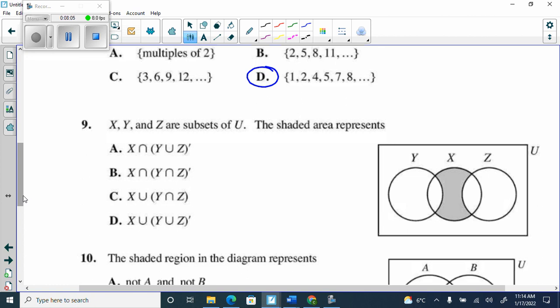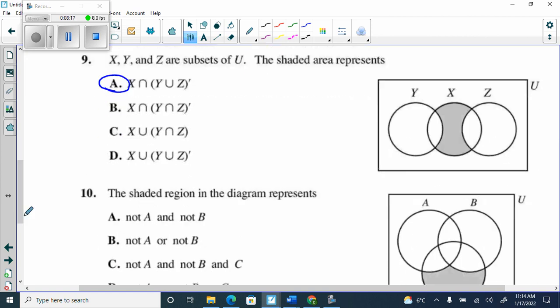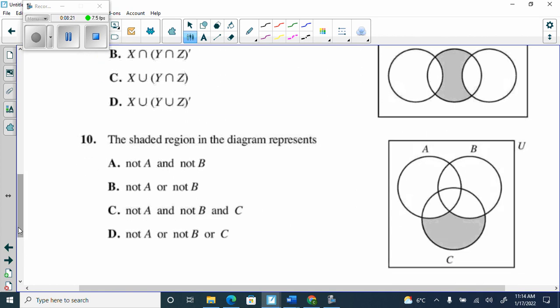So it's X and not Y or Z. Which is A. There is no Y and Z, so you wouldn't pick that one. This one, the shaded region in the diagram represents C, but not A or B.